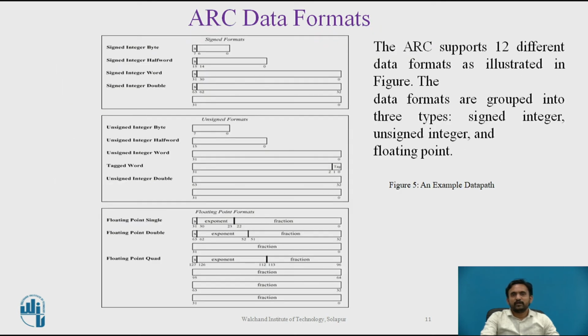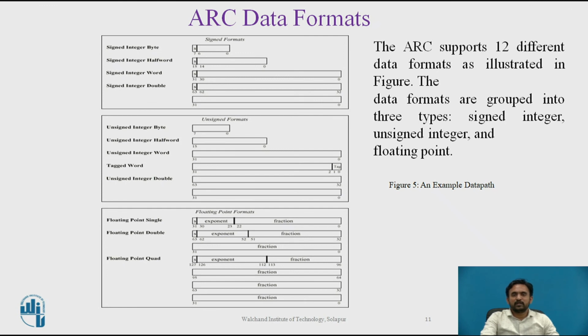In the same way, now we are looking at the ARC data format in this slide. The ARC supports 12 different data formats as illustrated in this figure. The data formats are grouped into 3 types: signed integer, unsigned integer and floating point.